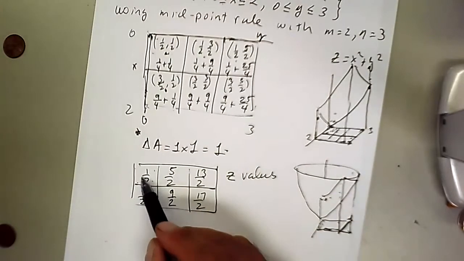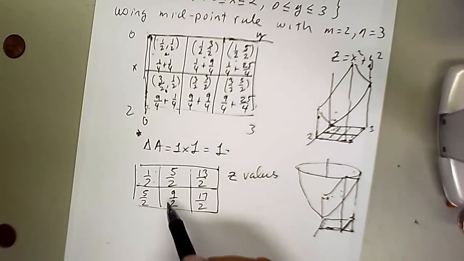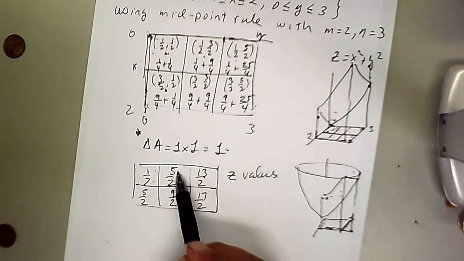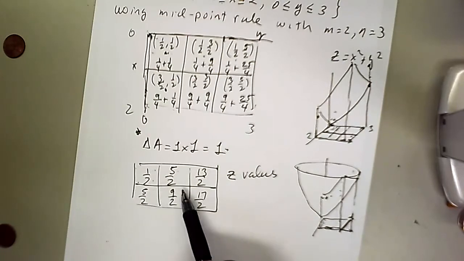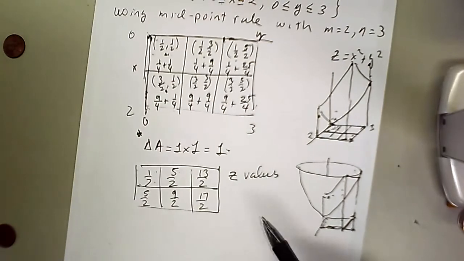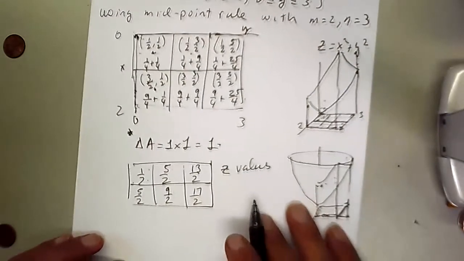So if I want an approximation, all I have to do is add those together. All of them are halves. 1 and 5 is 6, and 13, 19, and 5, 24, 33, 50.